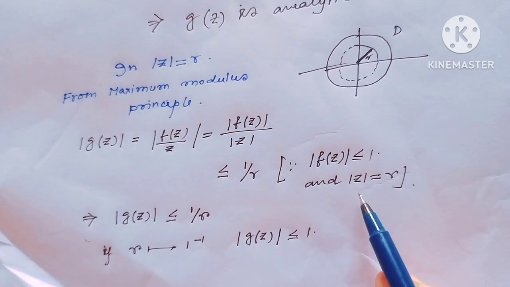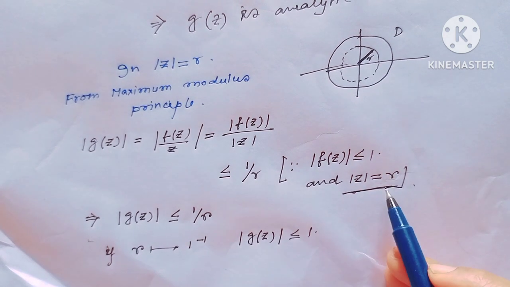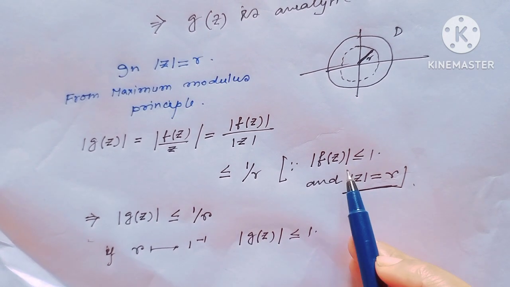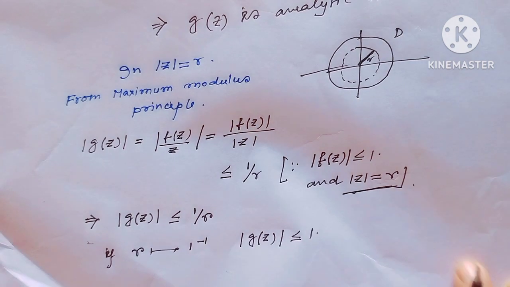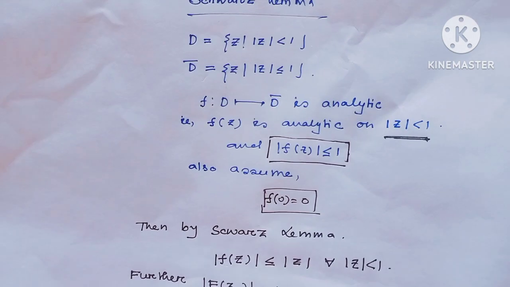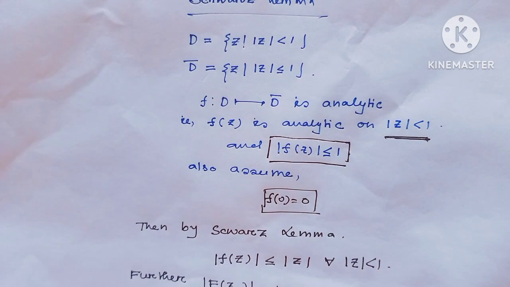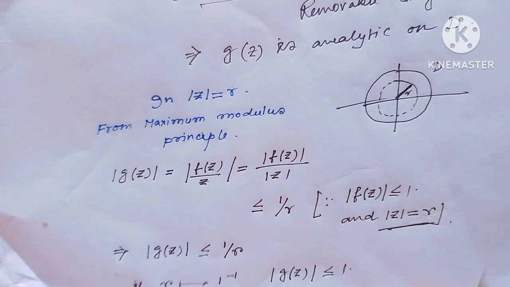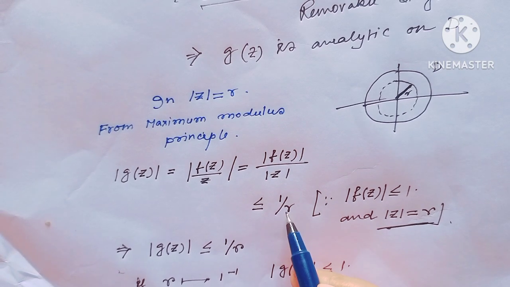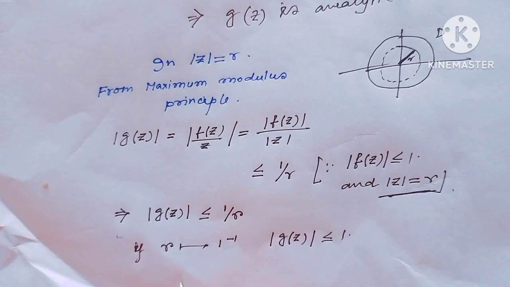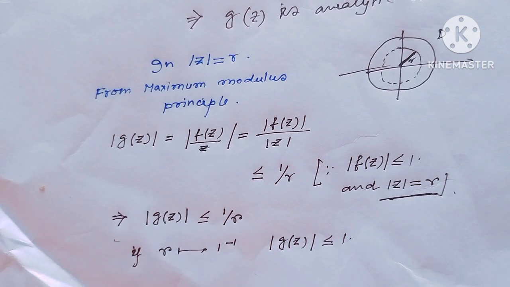And since on the disc modulus of z is less than or equal to r, by the statement of the Schwarz Lemma, modulus of Fz is always less than or equal to 1. So this value would be 1 over r. That means absolute value of Gz is less than or equal to 1 over r.